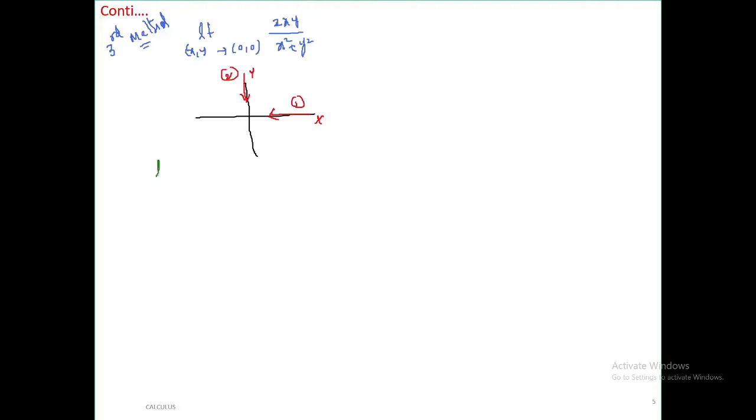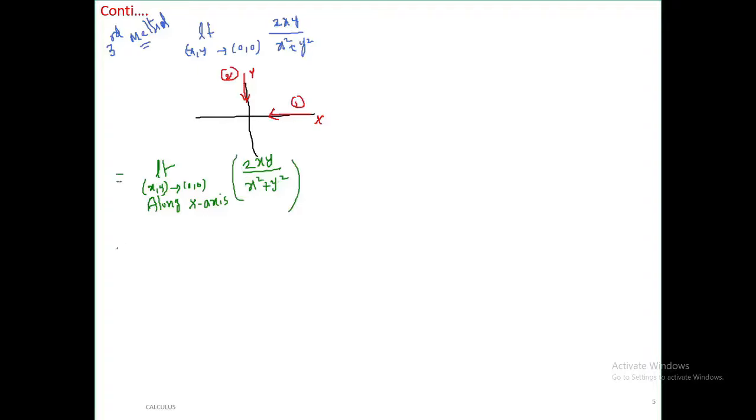So limit x comma y is reaching to origin along x-axis, 2xy upon x square plus y square.